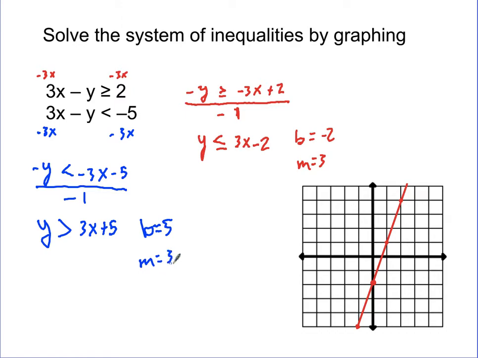Slope is 3. It's parallel to our last line that we just drew. 1, 2, 3, 4, 5 is the y-intercept. Slope is down 3, left 1, down 3, left 1. And it is a dotted line.